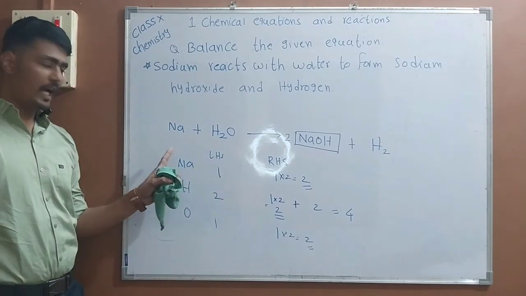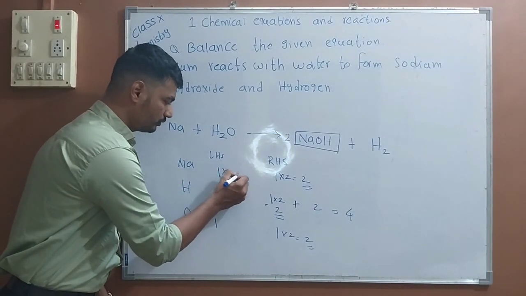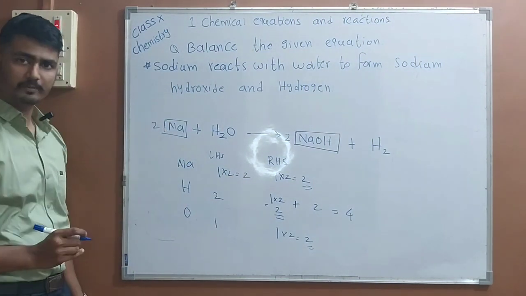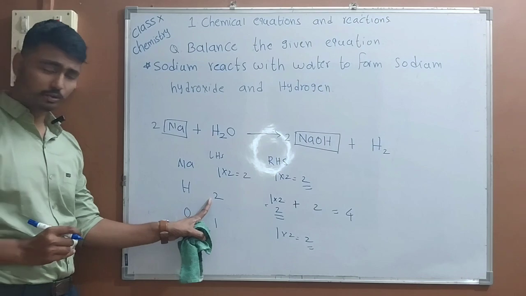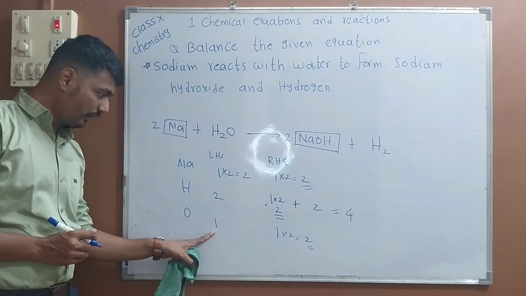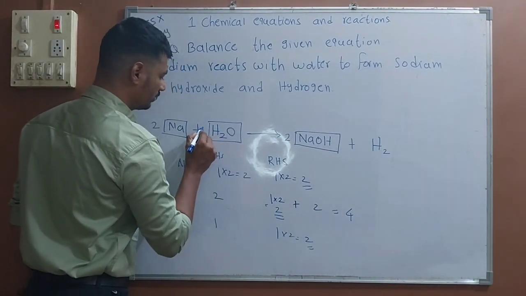So now here I want to balance the sodium atom Na. Again I will multiply 1 into 2. It will become 2. So here 2 Na. This hydrogen is 2, and there are 4 hydrogen atoms on this side. This is 1, this is 2. So what I will do? I will simply multiply this H2O by 2.